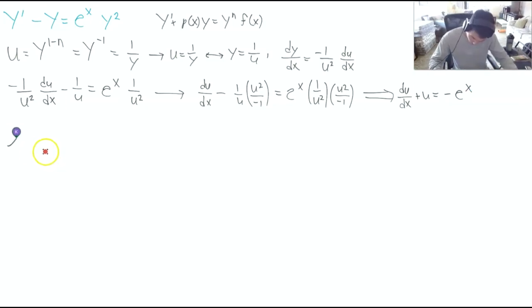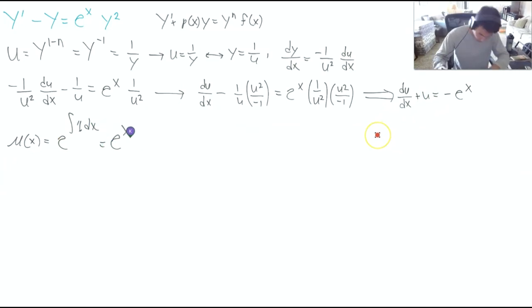So we'll go mu, not u, it's mu. Mu of x is equal to e to the antiderivative of whatever this is. It's only a 1 here, so it's the integral of 1 dx, which is e to the x. Then we can use this: usually we write y mu of x equals the integral of f of x mu of x dx.